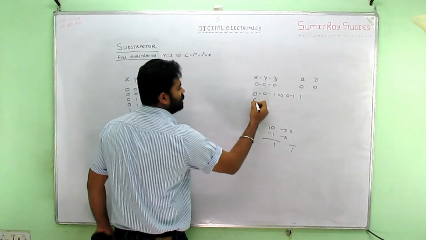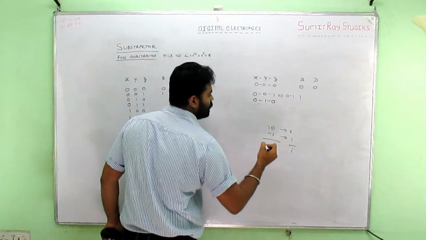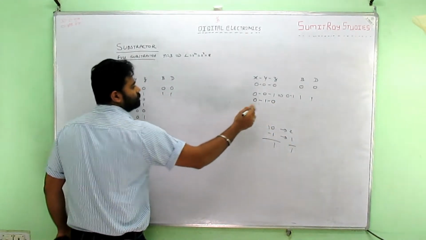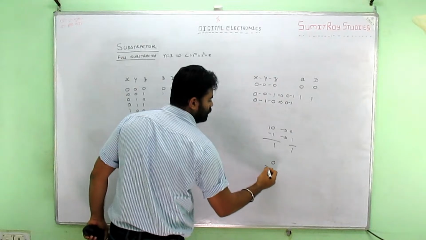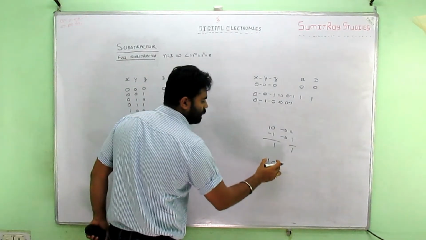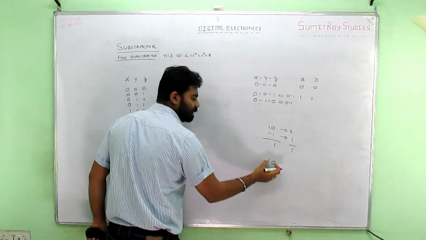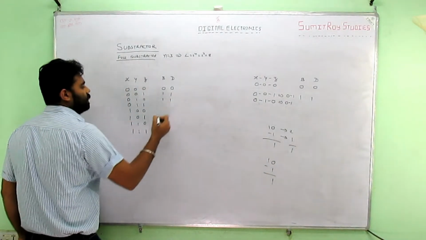Similarly, the next part is 0 minus 1 minus 0, that is again 0 minus 1, so 1 has to be borrowed, and after borrowing it becomes 1 0. 1 0 minus 1 is again 1, so again 1.